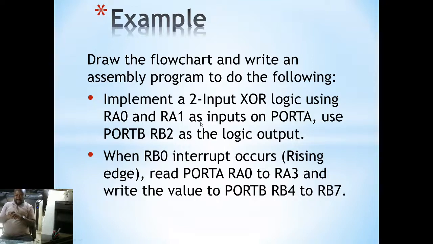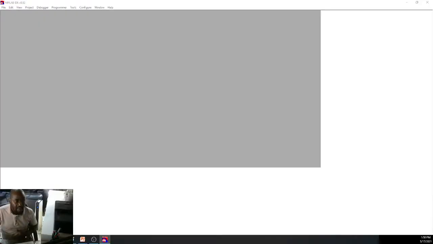That is part of our main function. And when we get RB0 interrupt, we need to read the whole of port A0 to A3 pins. Those 4 lower bits, we need to read them and write them to the 4 higher bits of port B, being B4 to B7. Let's go create a project and then write an assembly program to do just that.